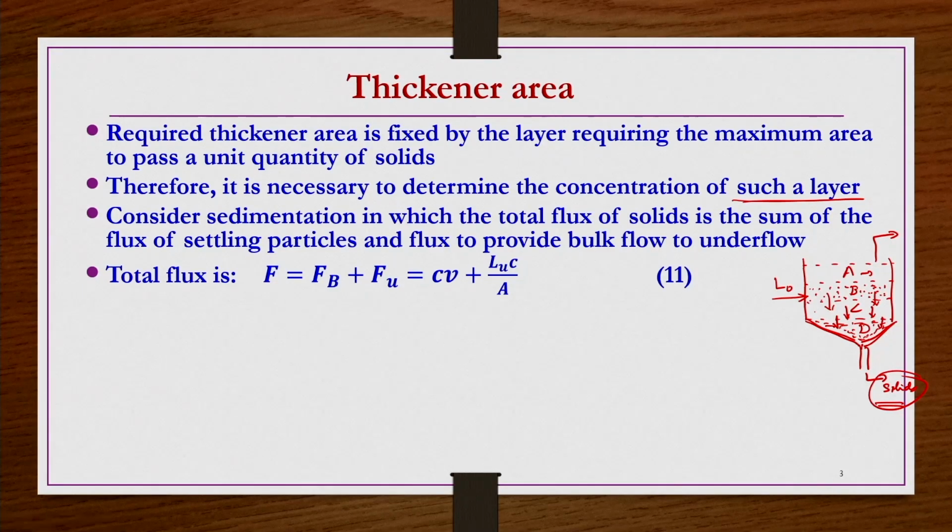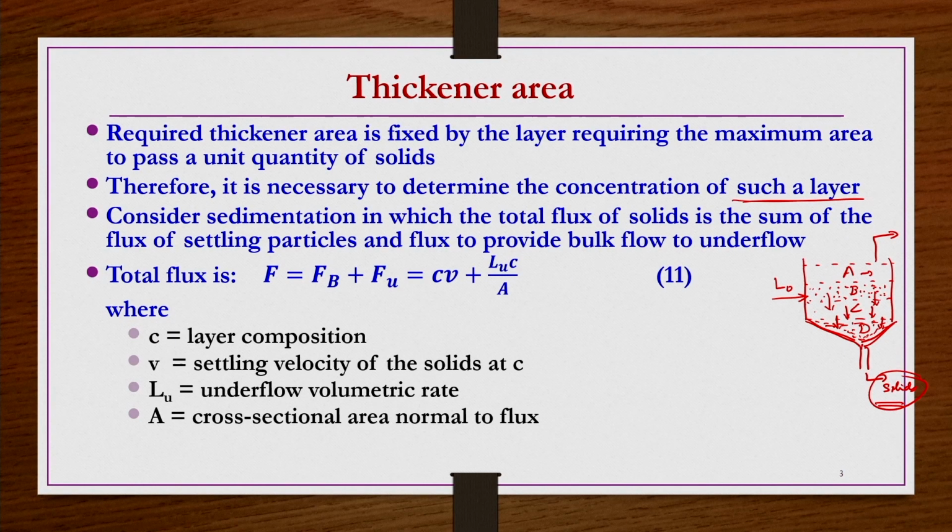So, this concentration with respect to the settling time we have to find out, and from there the flux with respect to the settling time we have to find out, right. Then with respect to time we will be able to calculate flux as well as the concentration of solids at different time intervals. So, that information F versus C we can plot and get the solids flux of that rate limiting layer.